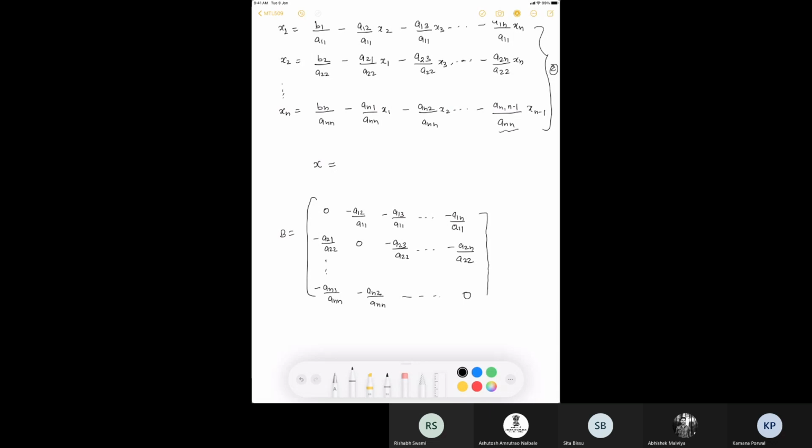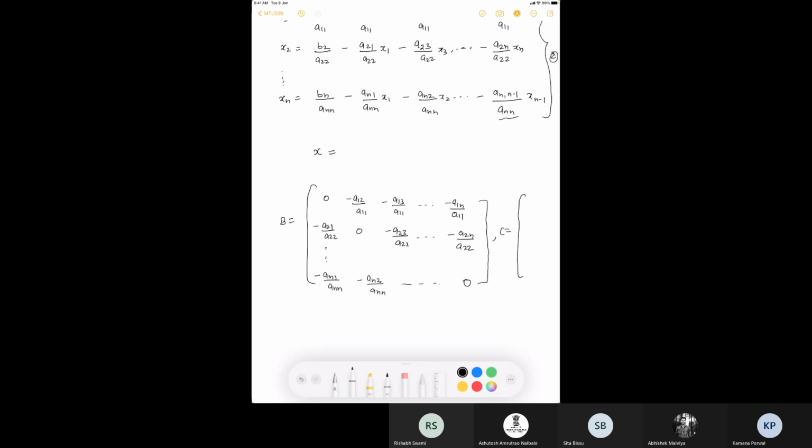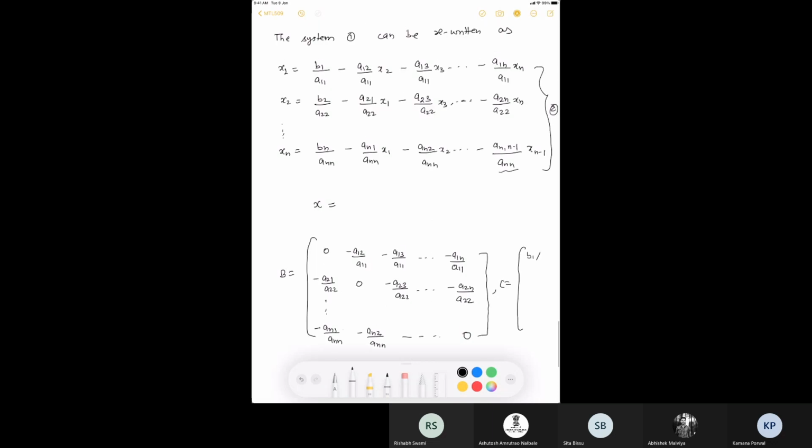If I call this matrix B and define a new vector C as B1 divided by A11, B2 divided by A22, and likewise the last element Bn divided by Ann, then I can write down system 2 in this form: x equals Bx plus C.